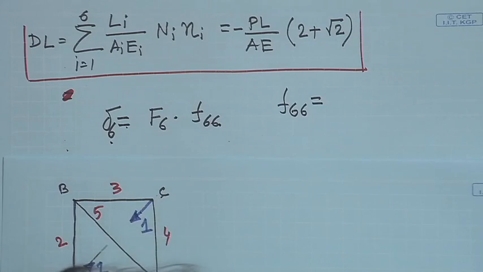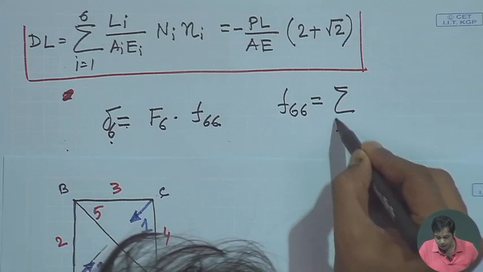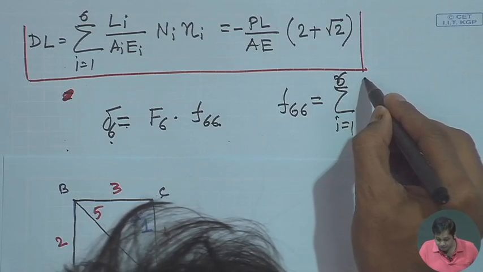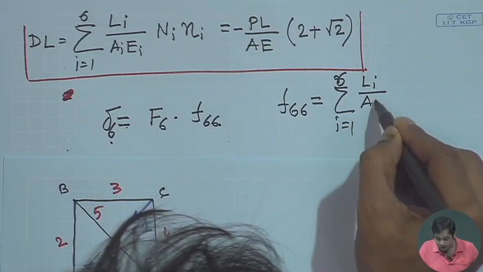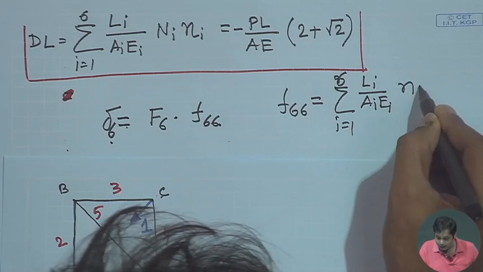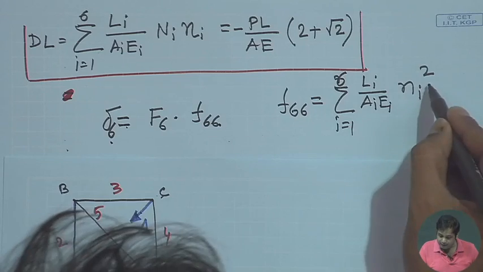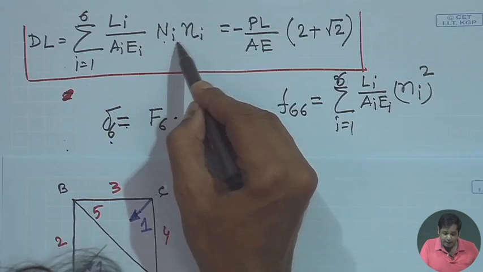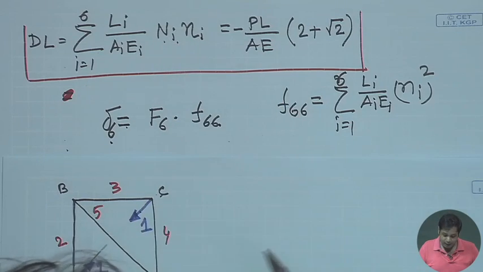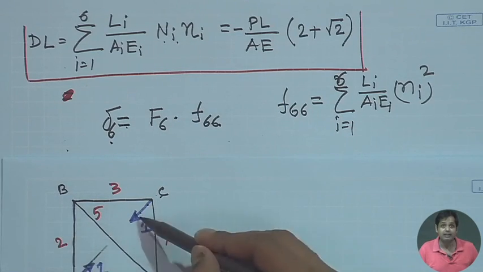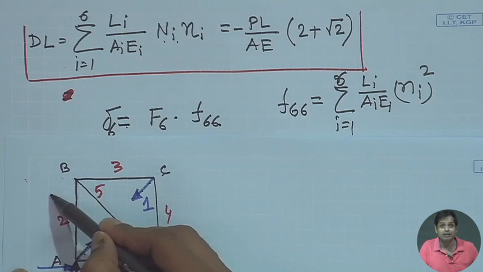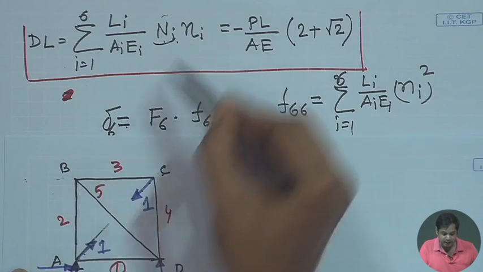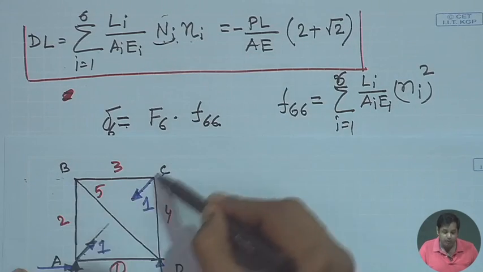If you recall the unit load method, f66 will be the summation over i, in this case i equal to 1 to 6 members, of Li by Ai Ei into Ni square. Why Ni square? Because it was capital Ni small ni; in this case we are measuring deflection in this direction due to the load in this direction, so these are the forces due to the load in this direction, and these are the forces due to the unit load in this direction.